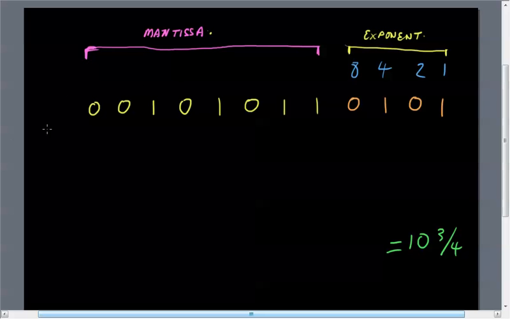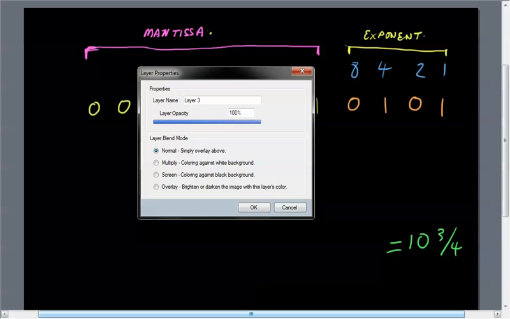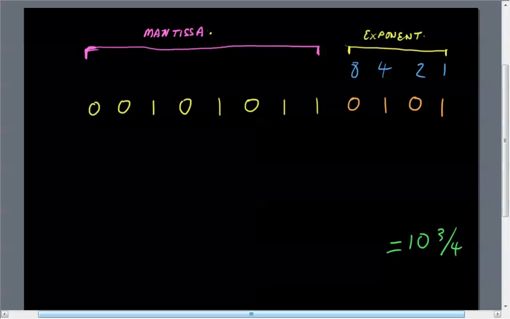Anyway, the exponent is 1 on the 1's column, 1 on the 4's column. Okay, so the exponent equals 5 at this stage.